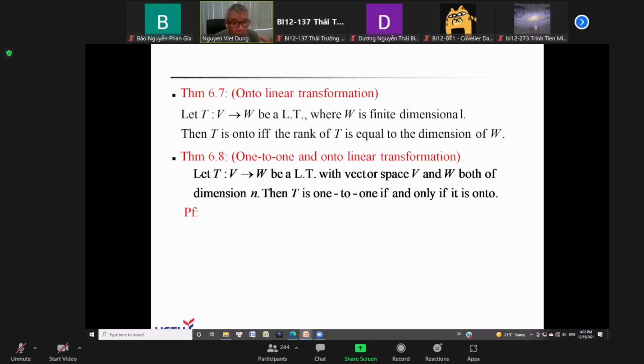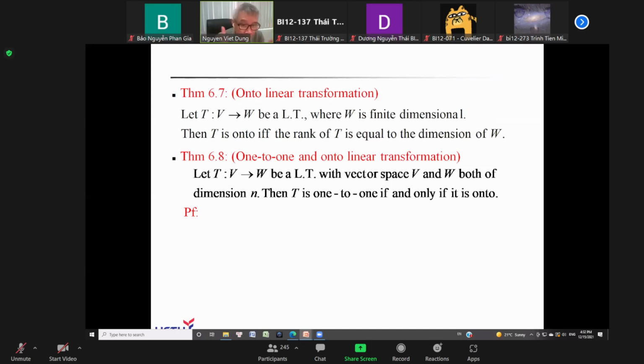You know we have two different notions: one-to-one mapping and onto mapping. They are quite different. However, we have one case in which one-to-one and onto are the same. Suppose that V and W, the domain and codomain, are vector spaces of the same dimension n, and suppose that T from V to W is a linear transformation.